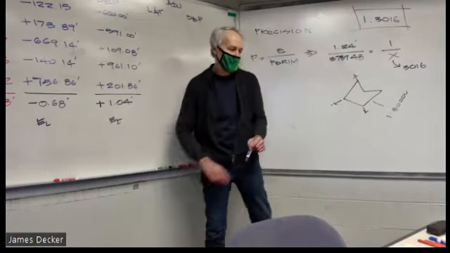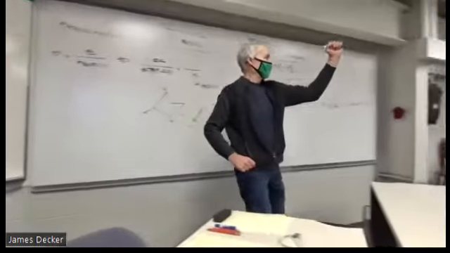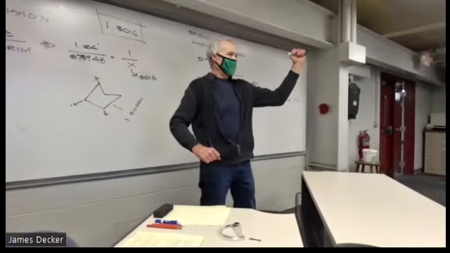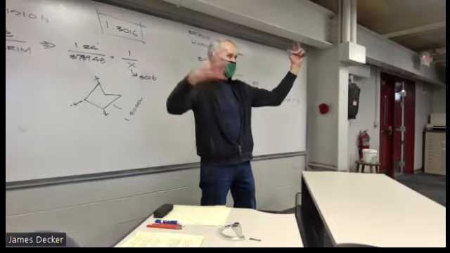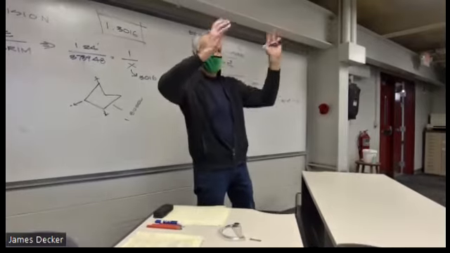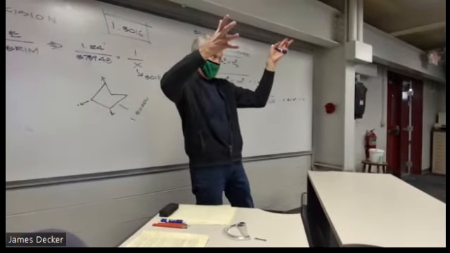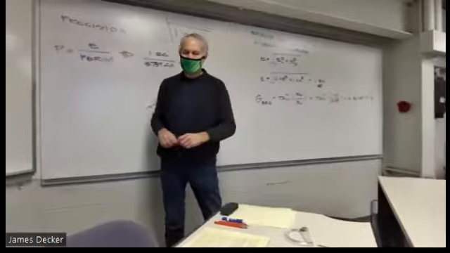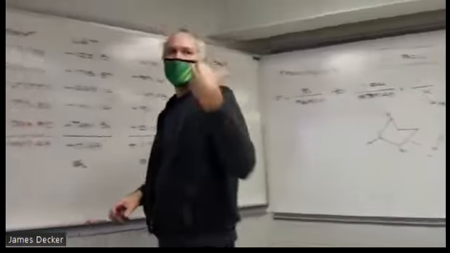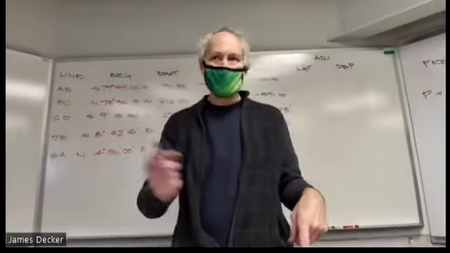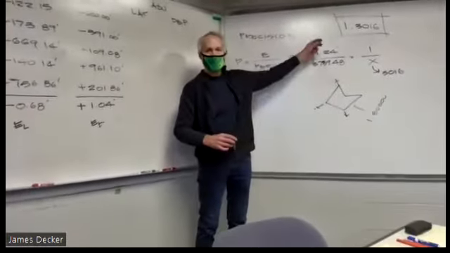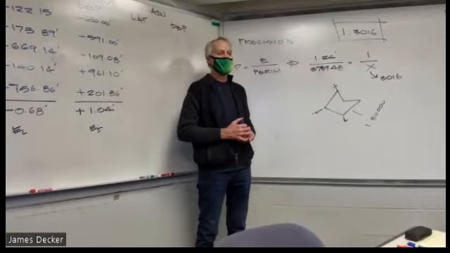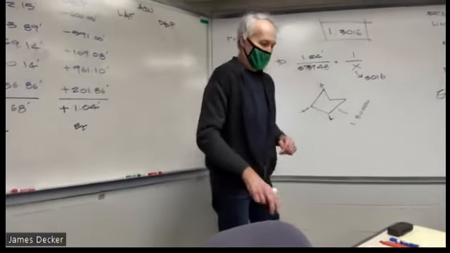What you're doing is mathematically taking this point and pushing it a little bit south and maybe a little west. So you're mathematically moving it, but it's not moving out in the field. Get the idea? So if we recalculate all this stuff and then take those coordinates out and start using them in the field, things may not agree really well, especially on a traverse like this with lower precision.